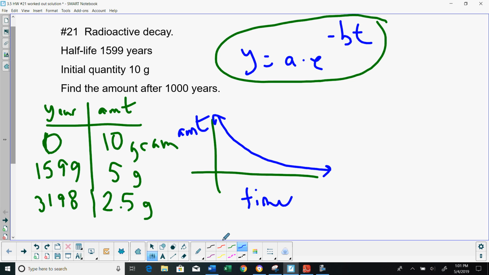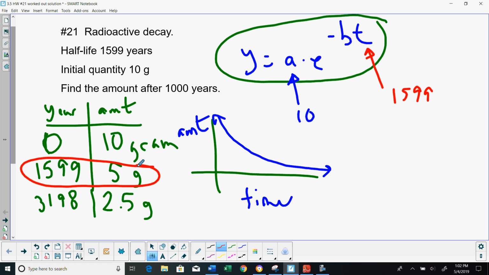Okay, so let's begin now that we've had that overview of radioactive decay. We're using this model. They tell us the initial quantity is 10, so I'm going to plug in 10 here. They tell us the half-life is 1,599, so that tells me that in 1,599 years, I'll have 5 grams left.